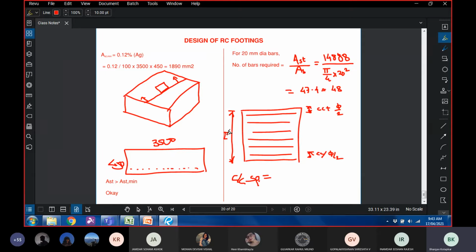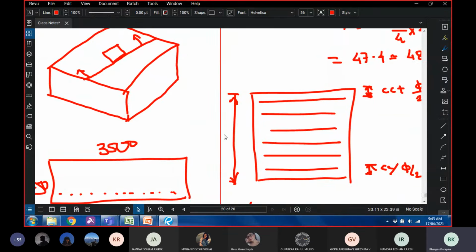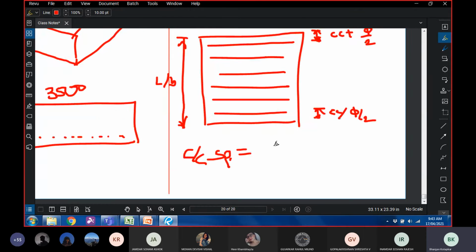Perhaps I'll just denote this by width since we're using B here. You can denote it as L or small b, or whatever helps you understand.